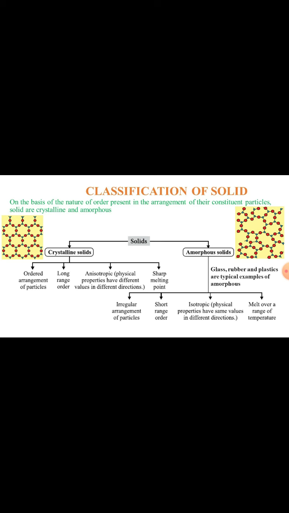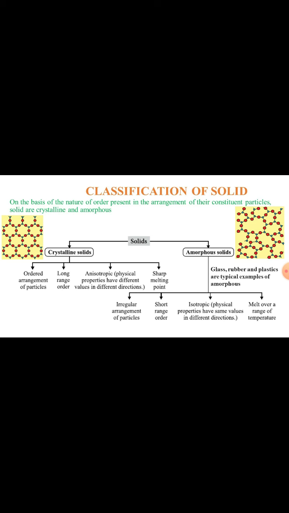Now you know some more points about crystalline solids that are given. Ordered arrangement of particles. Particles may be atoms, molecules or ions. Second, long range order. Third, anisotropic. This means physical properties such as refractive index and electrical conductivity have different values in different directions.